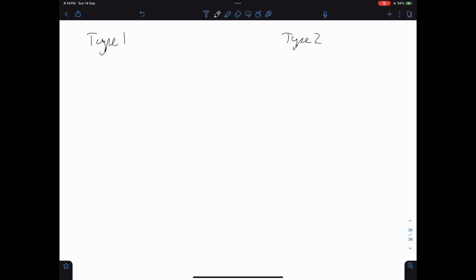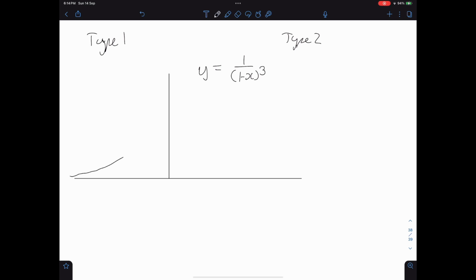Let's first consider type 1, and we'll have a look at something like y equals 1 over 1 minus x to the power of 3. And that will look something a bit like this.